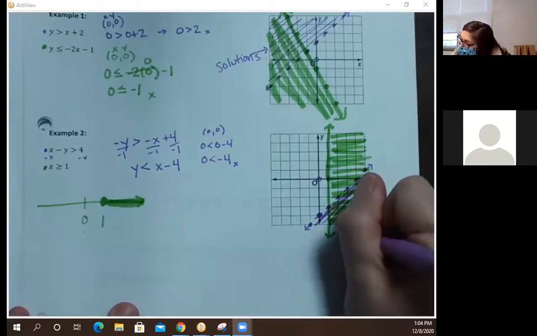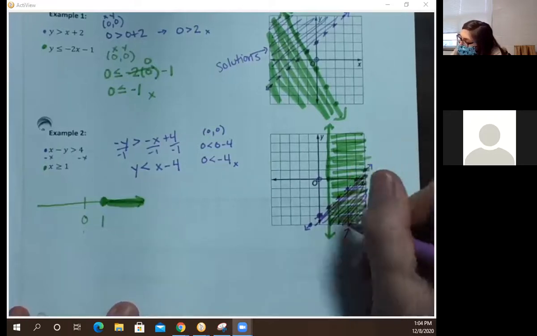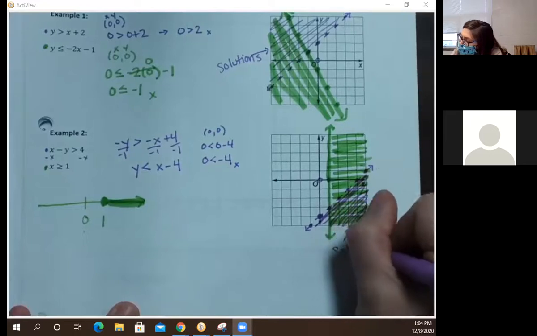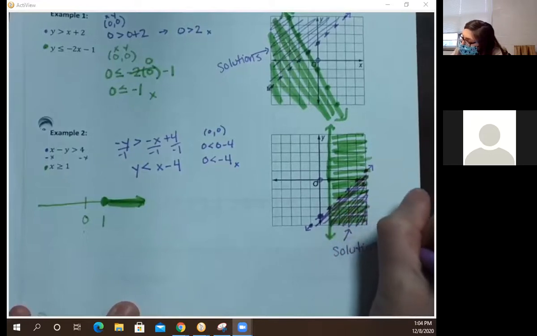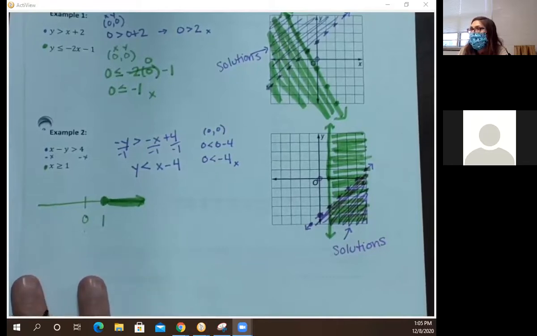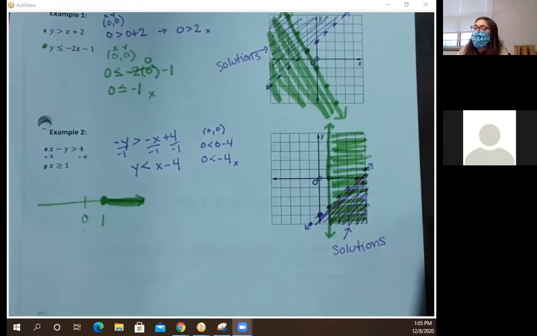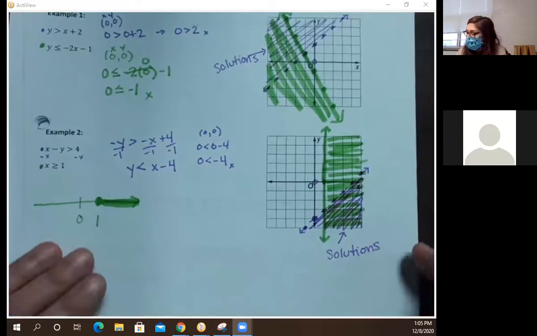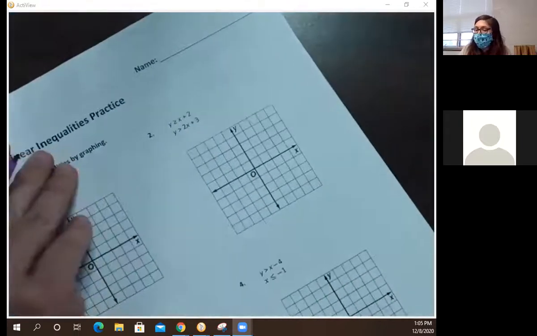And our solutions, again, would be in this double shaded area. Questions for me on example 2? Okay, so we're going to take a look at one more example together today. If you'll turn the page for me.